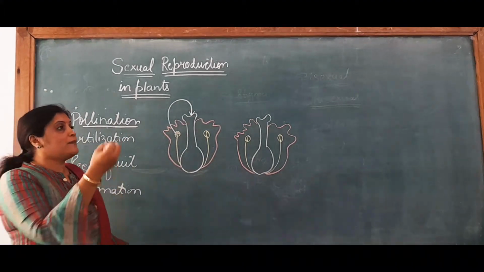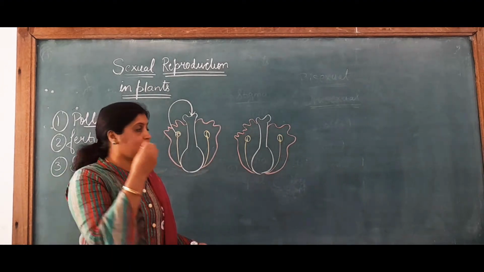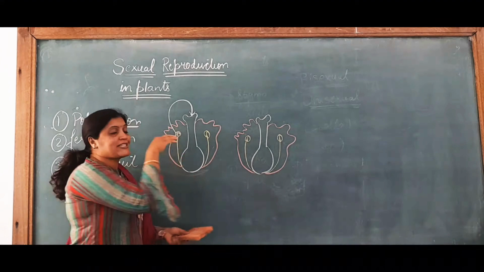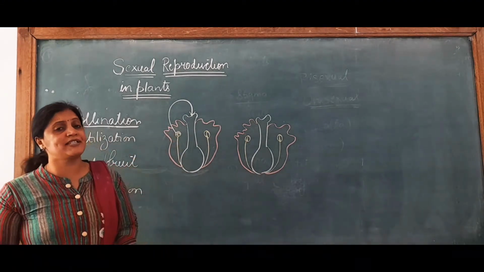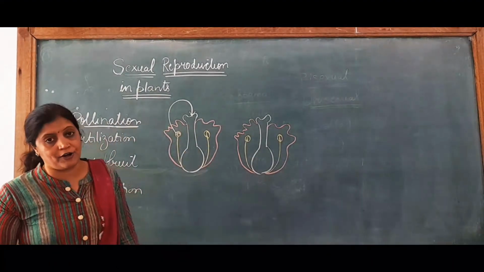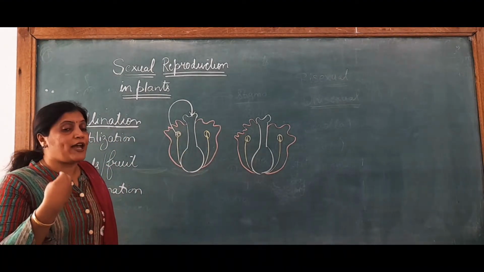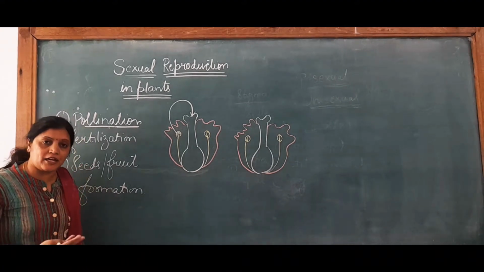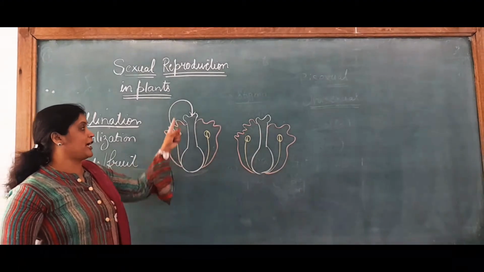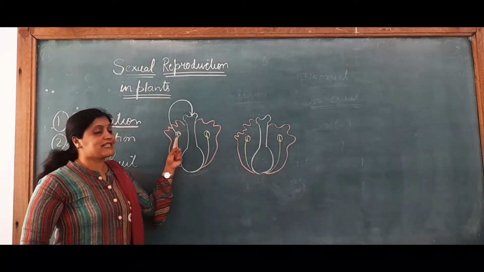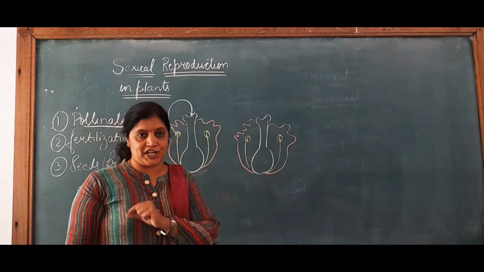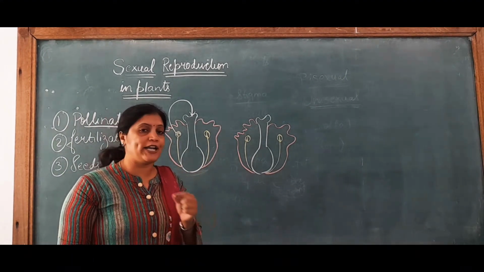Or when honeybees or insects sit on the plant to collect nectar, the pollen grains stick on the legs of these insects, and when they sit on other plants, they stick on the stigma of the flower. So agents like air, water, insects help to transfer pollen grain from stamen to the stigma. These are known as pollination agents.